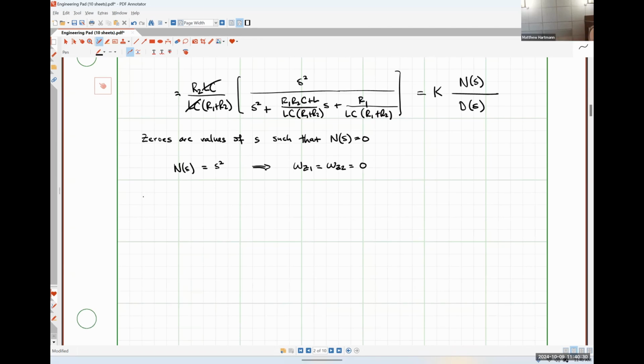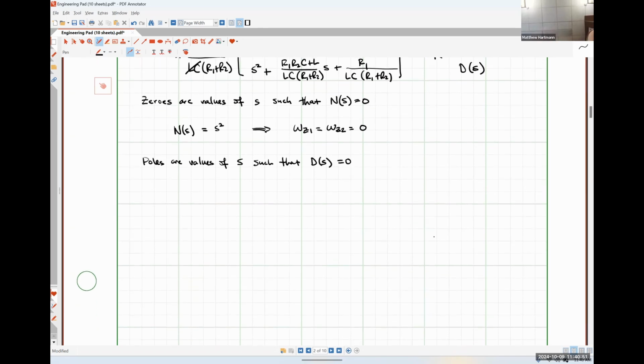Our poles are the values of S such that our denominator polynomial is equal to 0.